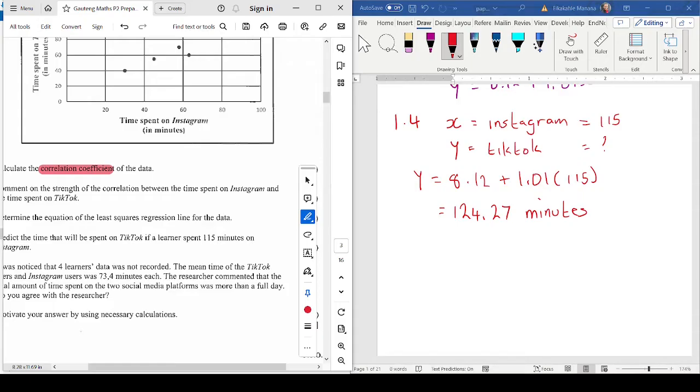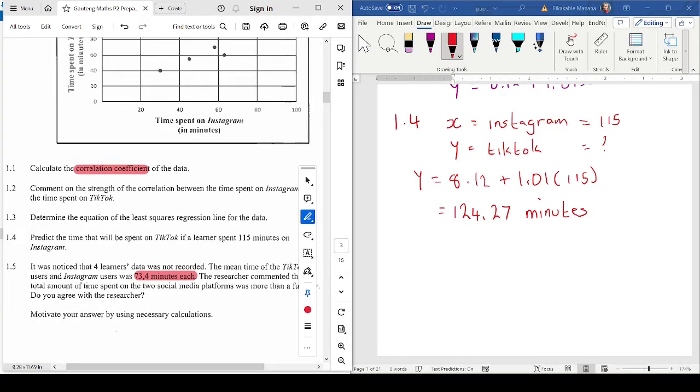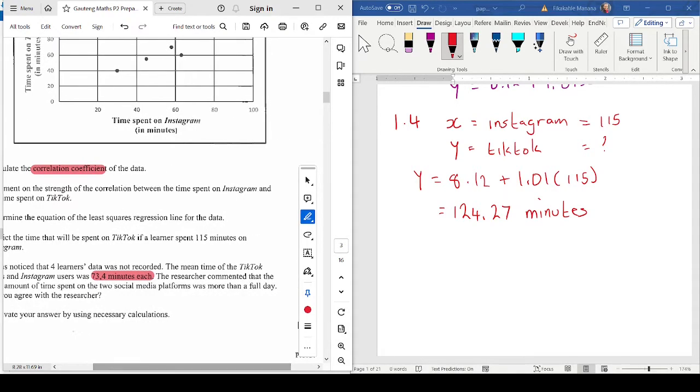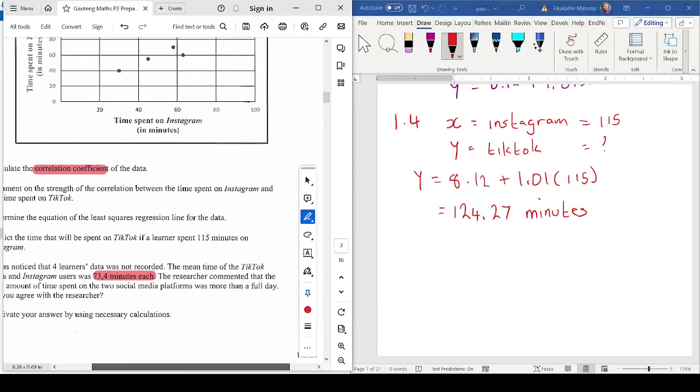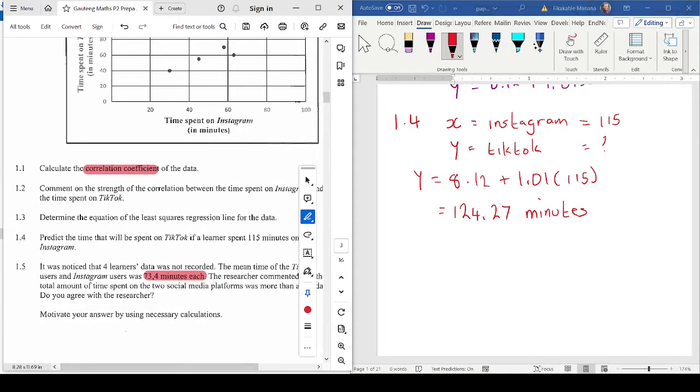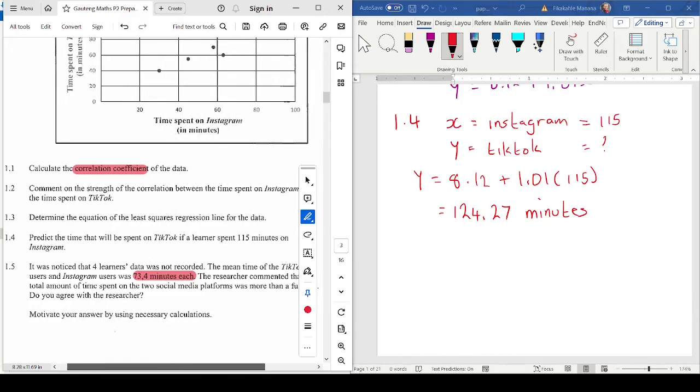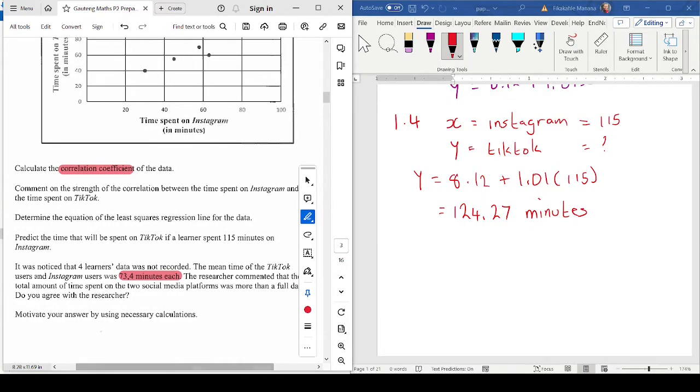Okay, so this is very important. Each. The researcher commented that the total amount of time spent on the two social media platforms was more than a full day. Do you agree with the researcher? Motivate your answer by using necessary calculation. Okay, that's not so bad.